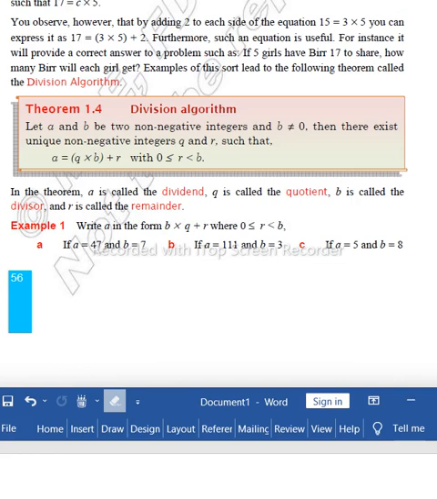In the theorem, A is called the dividend, Q is called the quotient, B is called the divisor, and R is called the remainder.